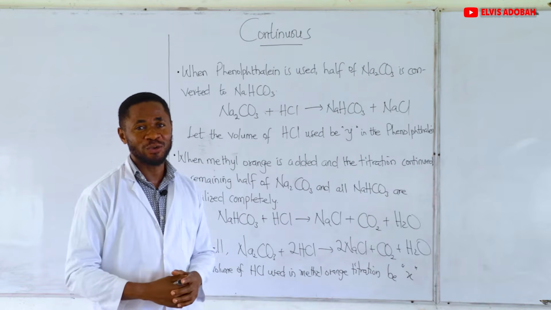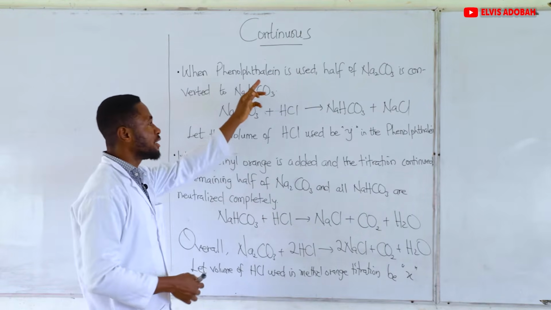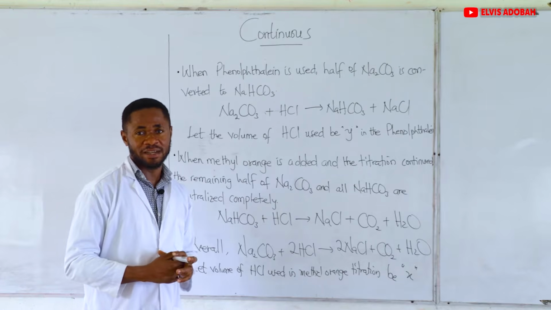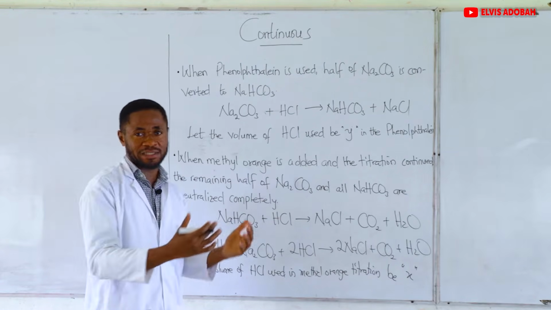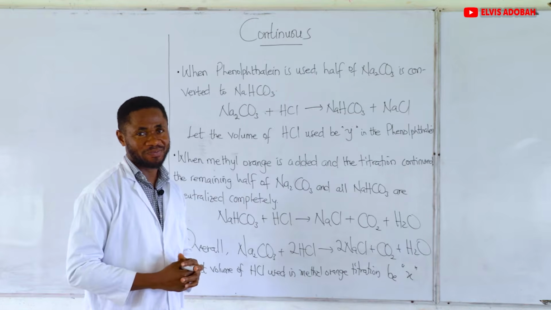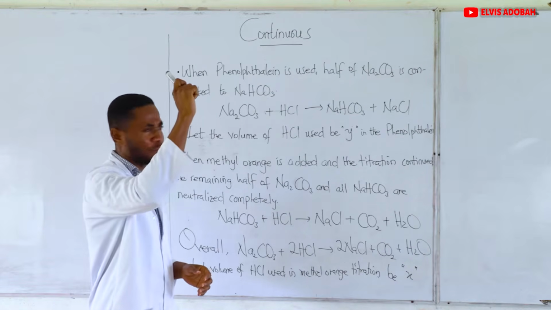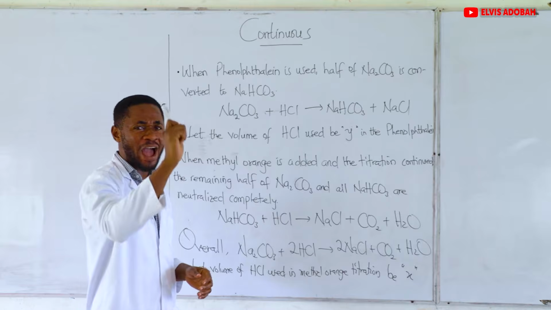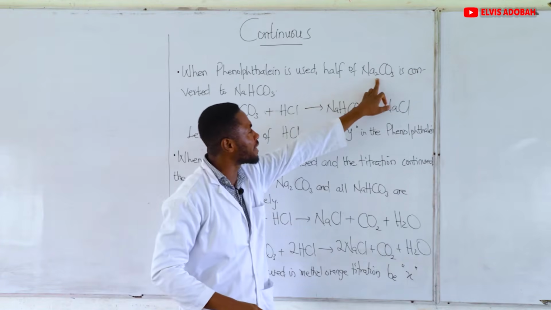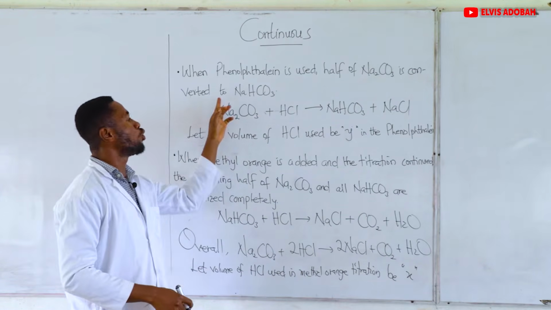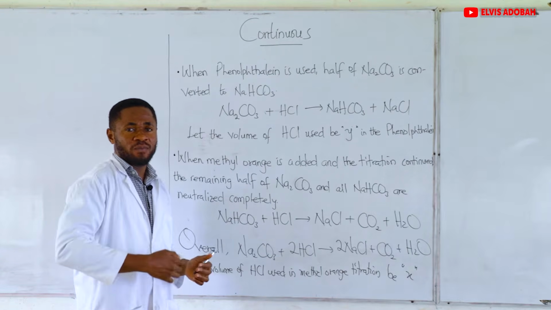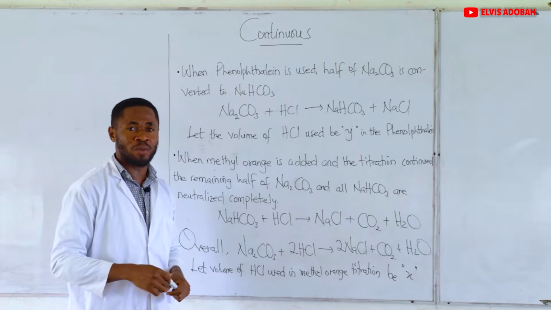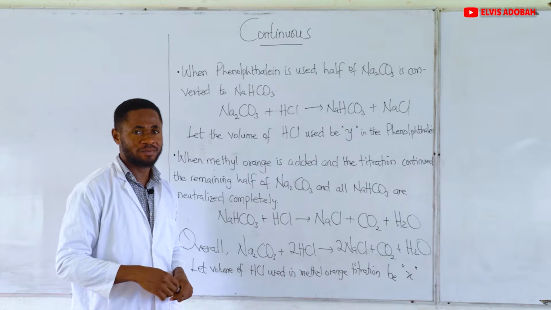There are some things we need to know here. When phenolphthalein is used as an indicator and sodium carbonate reacts with hydrochloric acid, only half of the sodium carbonate is converted to sodium bicarbonate. Remember, we should have neutralized it into sodium chloride, carbon dioxide, and water.